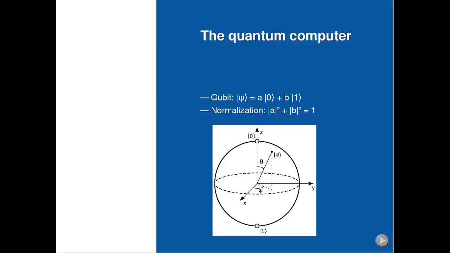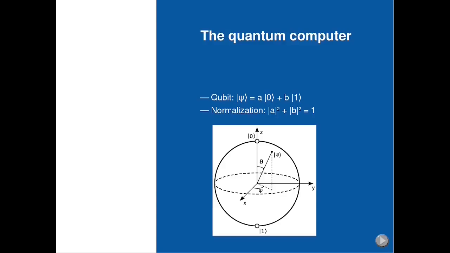The quantum computer. The quantum computer is different from the classical computer in the very basic sense. A qubit, which is another name for a quantum bit, is not a dual state like a classical bit.